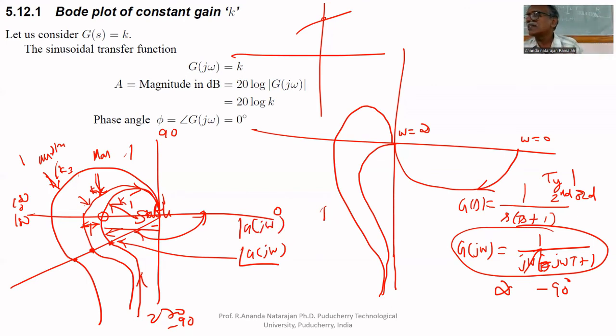No frequency is considered to plot this plot. For a particular frequency, what is the magnitude? What is the phase? That point is marked. Then for the next frequency, what is the magnitude and what is the phase? Like that, for many frequencies, you find all these points and it is plotted.